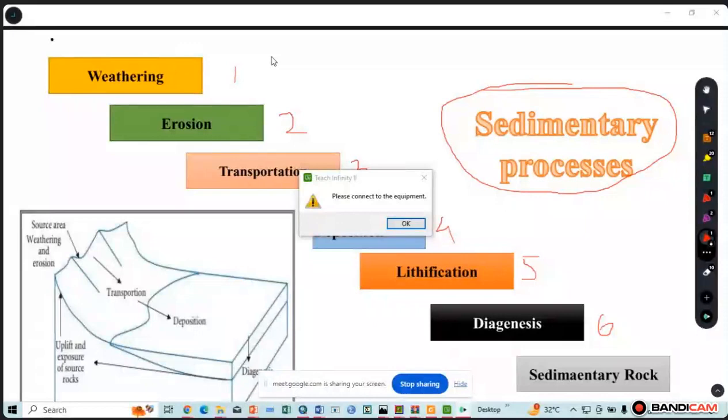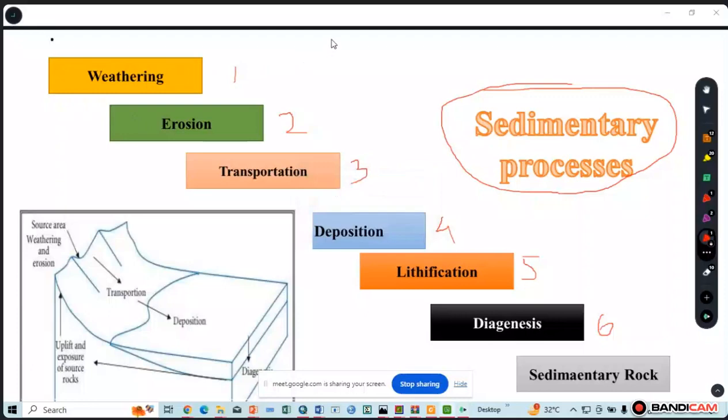Weathering generally involves physical weathering, chemical weathering, and biological weathering. PCB: these three processes are involved in the weathering process, and after that we find erosion.